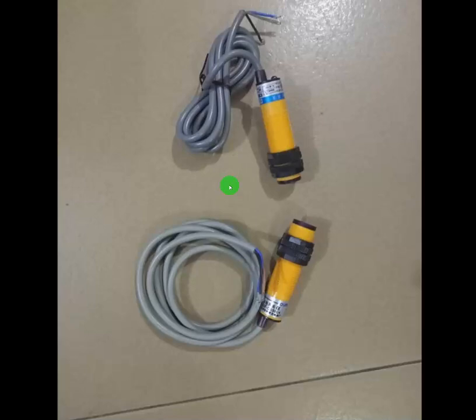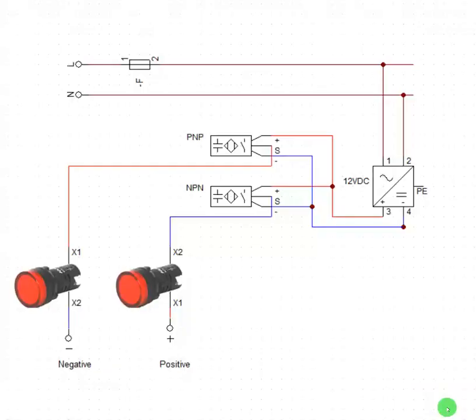So let's get a sample of what I'm talking about. Now this is PNP and this is NPN. It simply means that this sensor, when activated, is going to transmit with a positive signal.